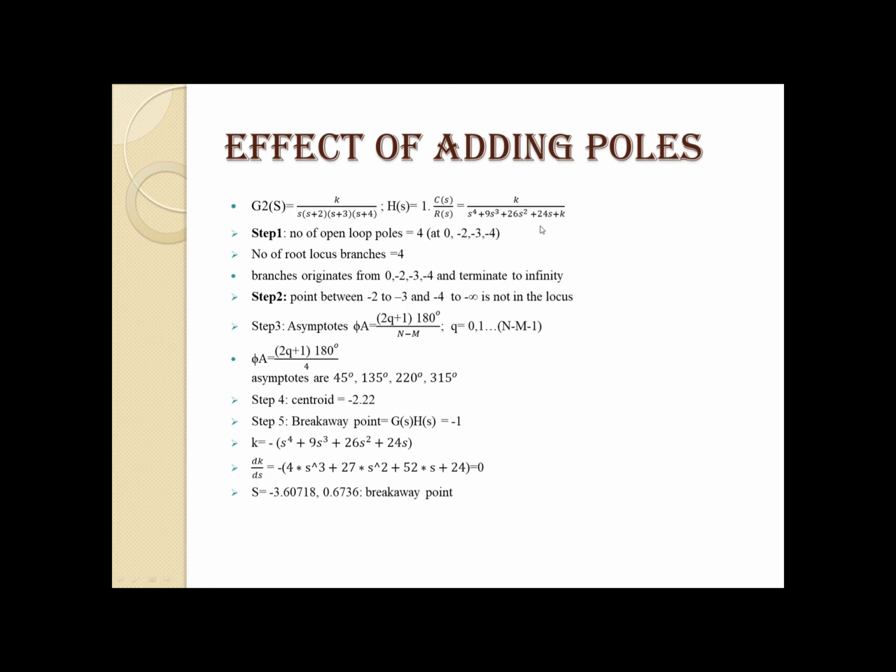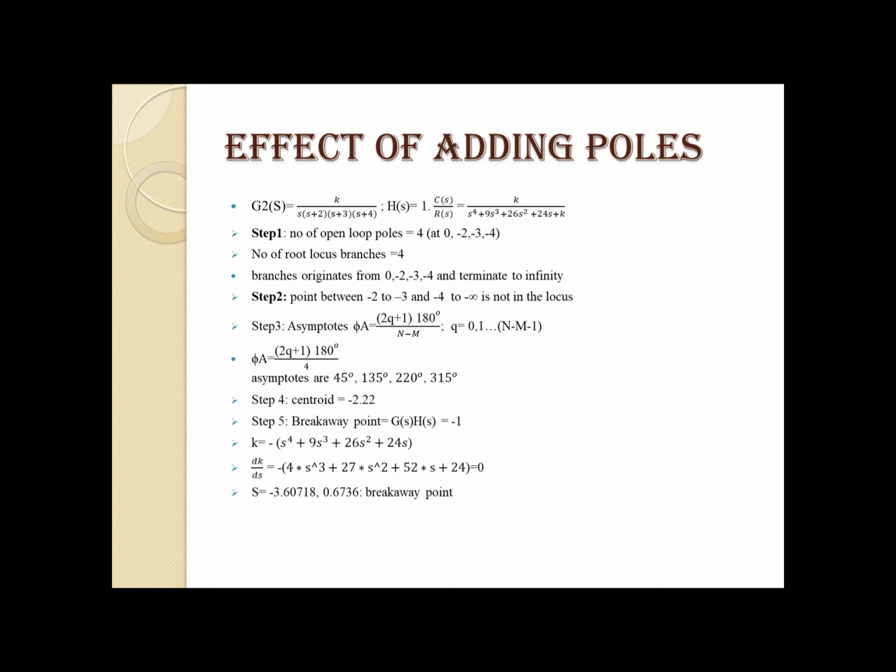And here the number of open loop poles is 4, and the number of root locus branches is also 4, and all the 4 branches originate from the open loop pole locations, that is 0, minus 2, minus 3, minus 4, and terminate at infinity. The points between minus 2 and minus 3, and from minus 4 to minus infinity, are not on the locus.